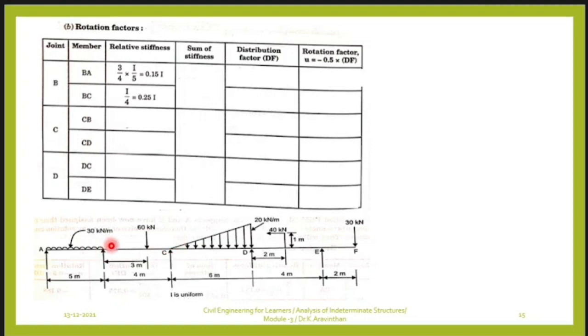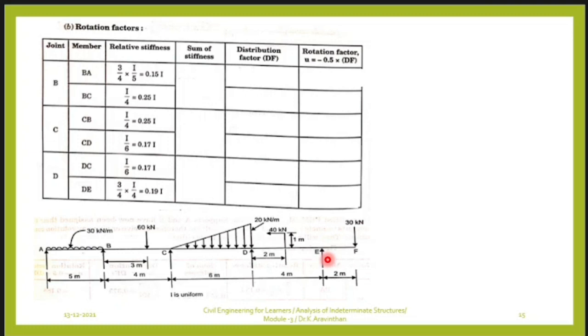Because these are all partially hinged, and C to D is also partially hinged, D to C is partially hinged, and finally D to E. So this is the last hinge where the moment is 0, hence this is purely hinged, and you can take 3 by 4 I by L.